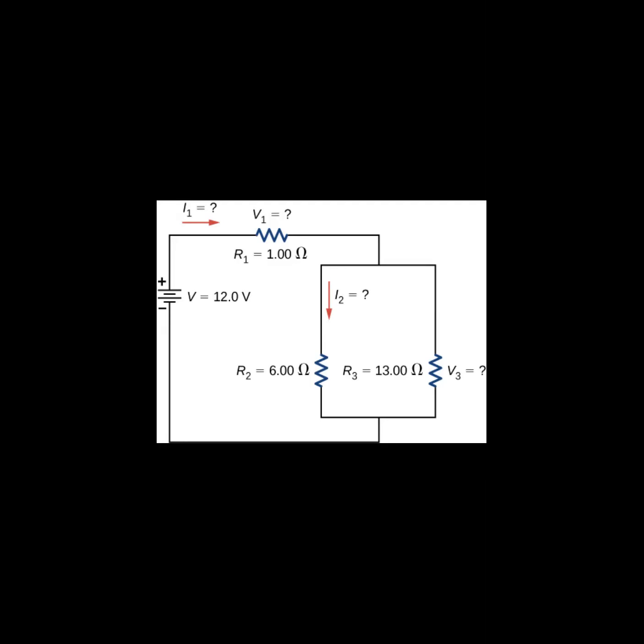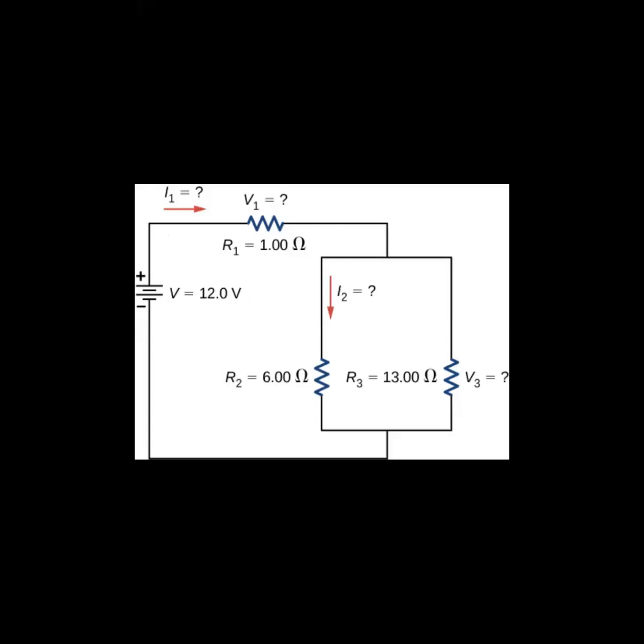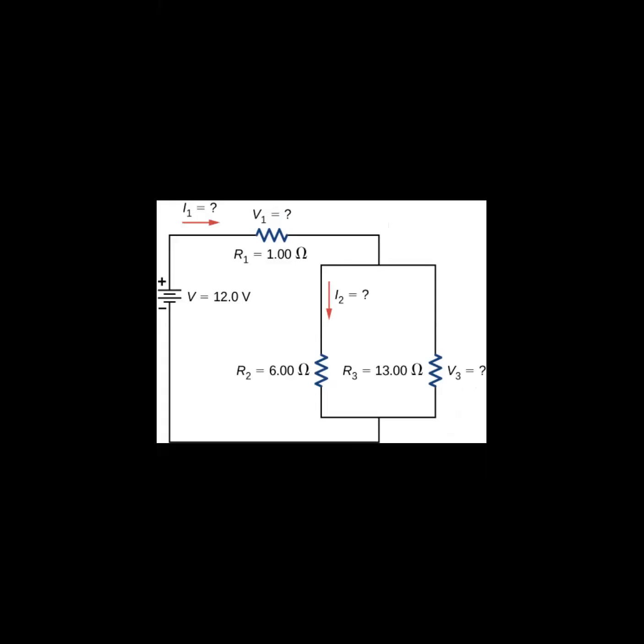The same voltage will flow through R2 and R3. So it means V2 is equal to V3, from when we said that when resistors are in parallel, their voltages are equal and their currents are different.